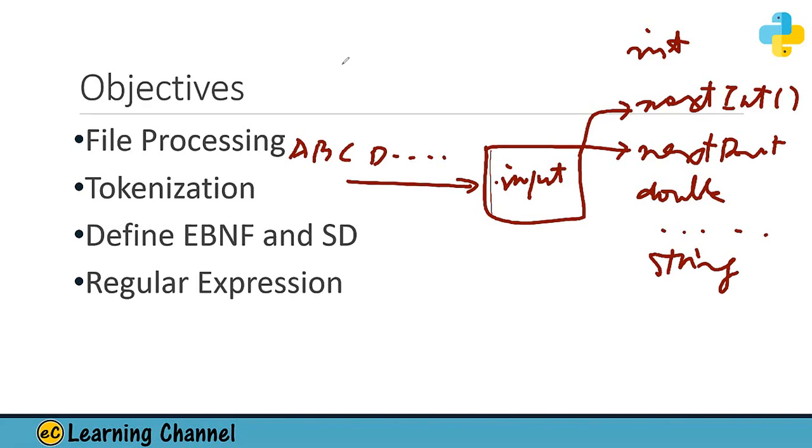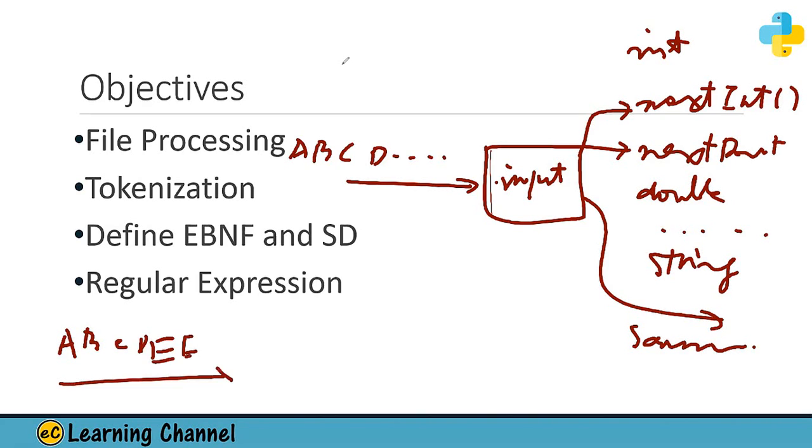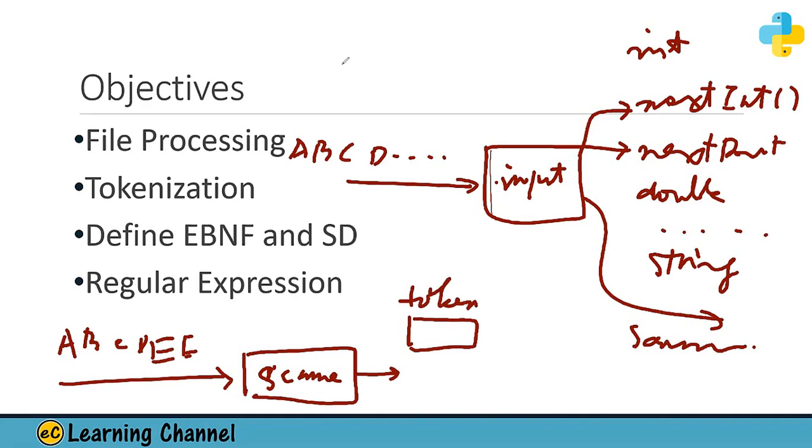This is done by the Java scanner, or by the Python input module, but those data are not organized. So we take the input characters, put them into some sort of input scanner, and then we create tokens. Tokens are words, and these words feed into some syntax analysis.